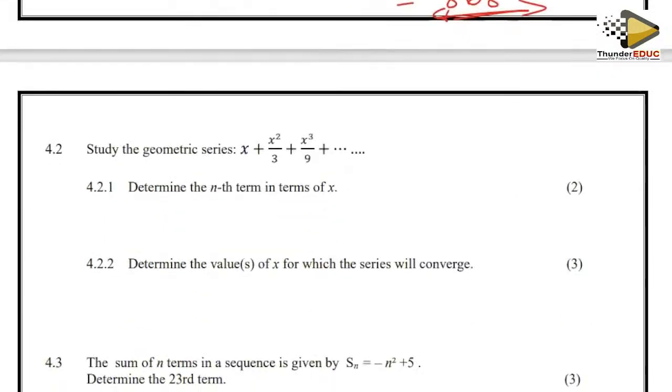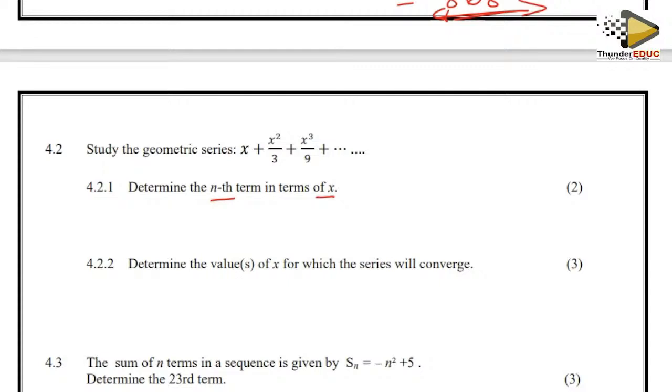Then 4.2. They want us to study the geometric series of x squared over 3, x cubed over 9, and so on and so forth. They want us to determine the nth term in terms of x.